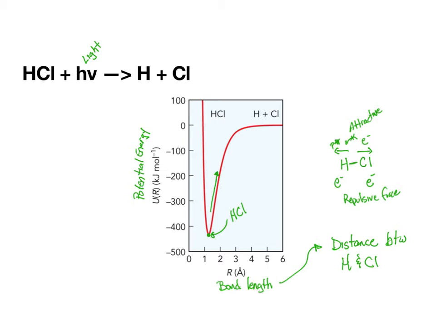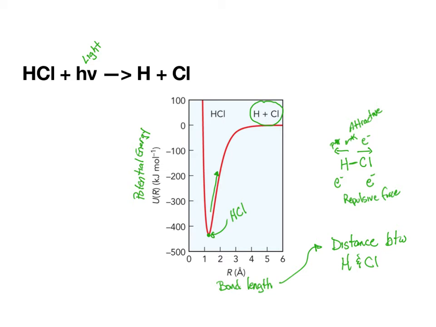But eventually we will break that bond and we will get free atoms, hydrogen and chlorine. And at this point, the potential energy is defined to be 0 because they are now behaving as individual atoms that do not see each other.